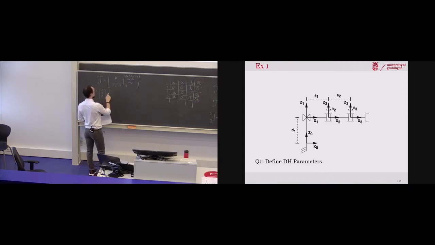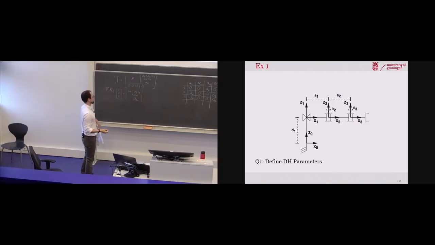Therefore, xyz is equal to this relation over here: a1 plus a2 c2, a2 sin 2, d1. Okay? Now to find the inverse kinematics, we just have to invert this relation. So find the inverse of this relationship. And how do we do that?